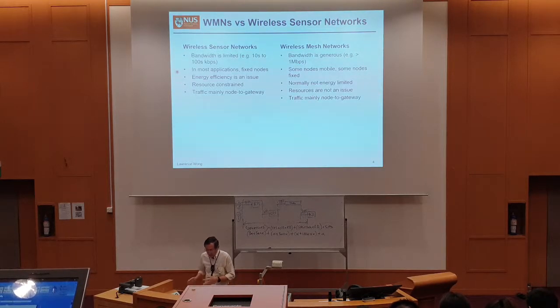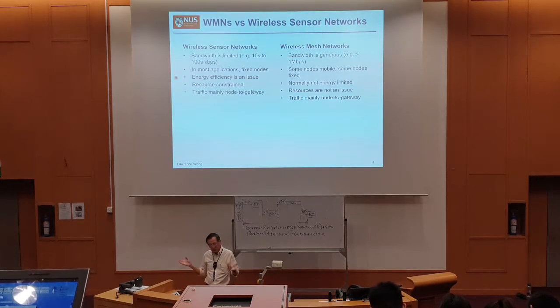Sensor networks, most of the time, the sensors are stationary. In the case of the mesh networks, it can be mobile, although some may be fixed. In sensor networks energy is a problem because a lot of sensors are battery operated, so they have to be careful with energy efficiency. Mesh network, no problem, because they usually may have AC power somewhere.